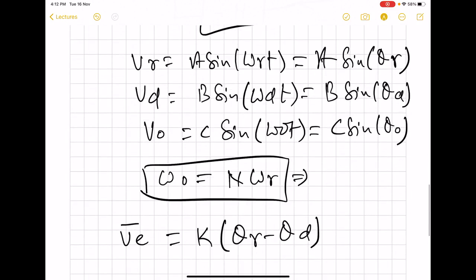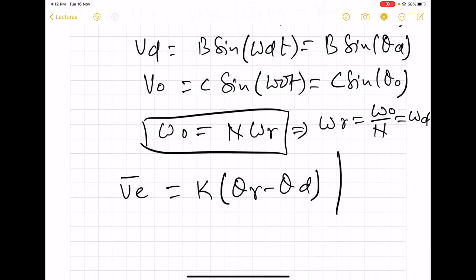And this equation also implies that omega r is equal to omega naught by n, which is equal to omega d. So fundamentally, the equation which actually gets implemented is omega r is equal to omega d. That is, the frequency of the divider and the reference are going to be equal.